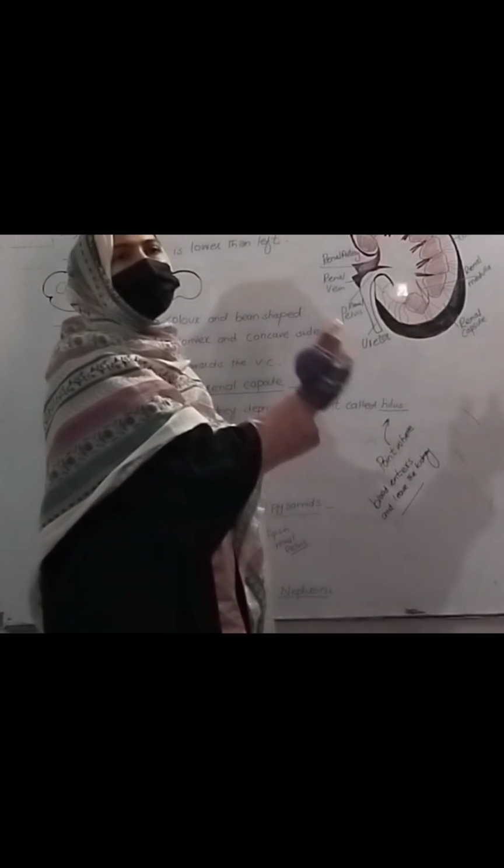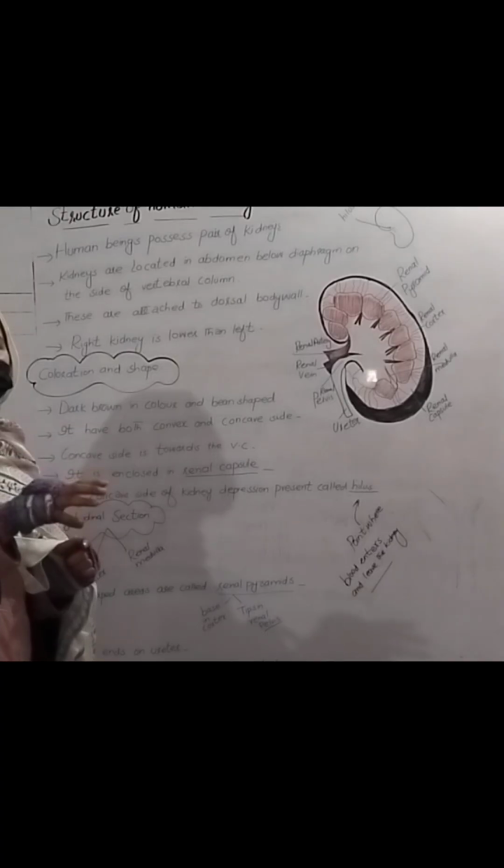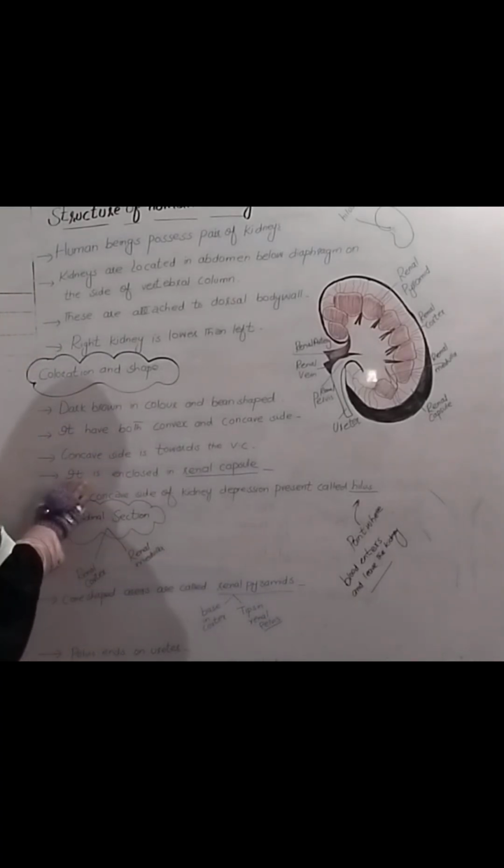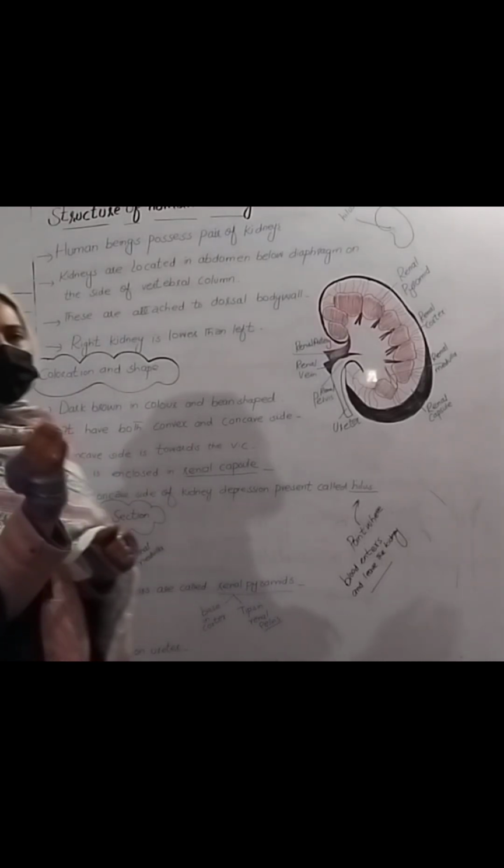It is enclosed in a renal capsule. This capsule-like structure is called the renal capsule. The word renal is used for kidney. On the concave side of the kidney, small depressions are present, known as hilus.